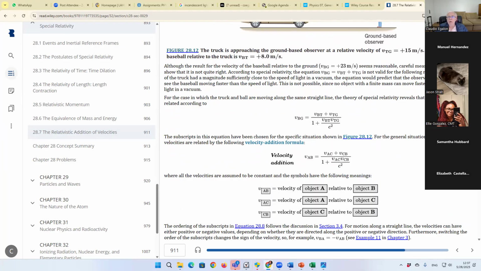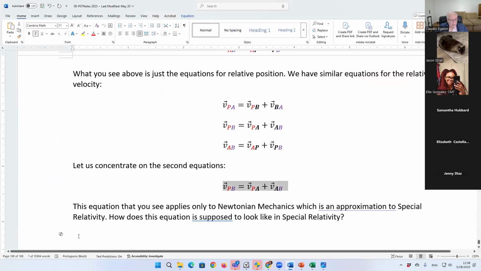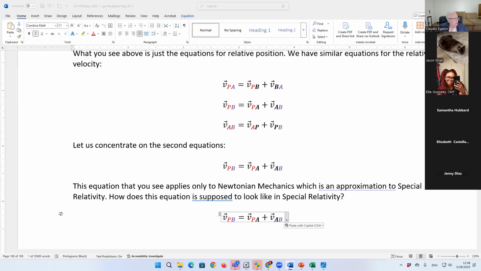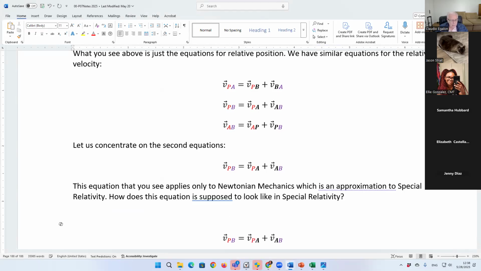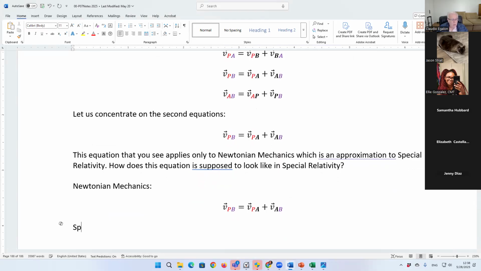In relativity, we have something like that, but then you have to apply a correction. And the correction that we use is this term that goes downstairs that you saw before. Newtonian mechanics, special relativity.